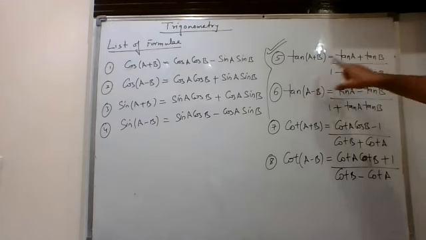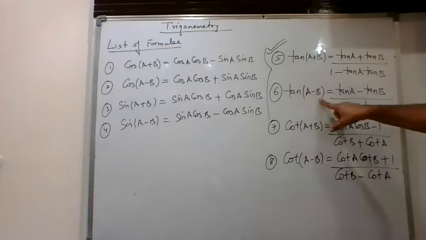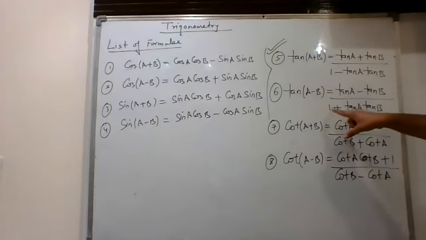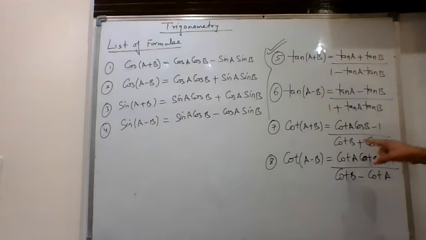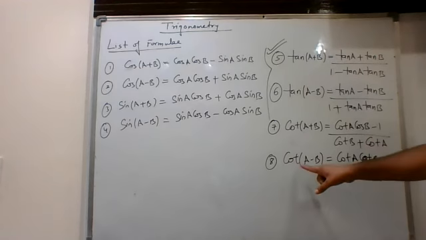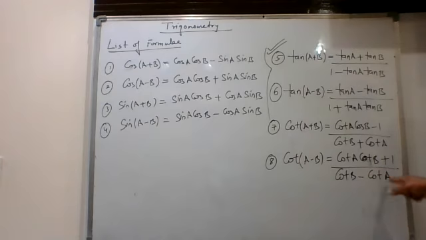Tan(A+B) is (tan A plus tan B) upon (1 minus tan A tan B). When it is tan(A−B), it is (tan A minus tan B) upon (1 plus tan A tan B). Cot(A+B) is (cot A cot B minus 1) upon (cot B plus cot A), and cot(A−B) is (cot A cot B plus 1) upon (cot B minus cot A).